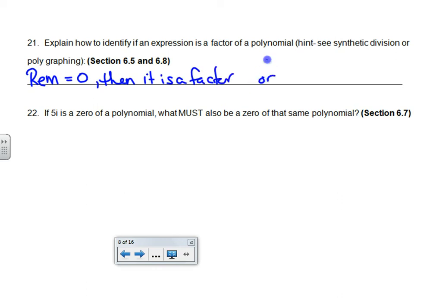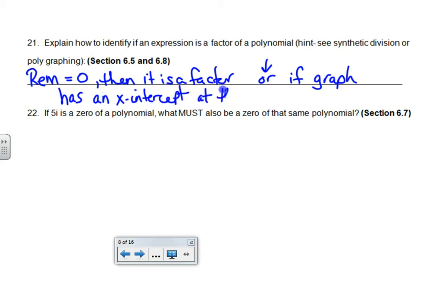Or, and I like this one a lot better, the graph has an x-intercept at the solution to the factor.